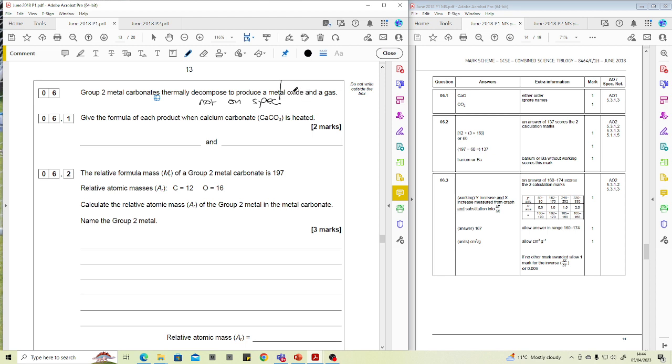So it's got a metal oxide and a gas. Okay, carbonate. Ooh, that does remind me of when these things react with an acid. I think the clue's in the name. Okay, and a metal oxide. So let's find out what the metal's name is. Calcium. So we've got calcium oxide, and the clue's in the name, carbon dioxide.